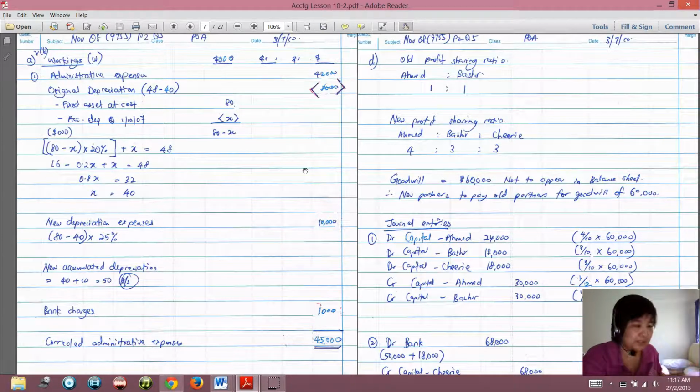So if you're Ahmad and Bashir, do you want to get another partner to come and share your profit or not? It's stupid, right? You slogged from scratch until today your business is established already. Why would you take in another partner to come and share your profit when that person did not slog with you from day one?